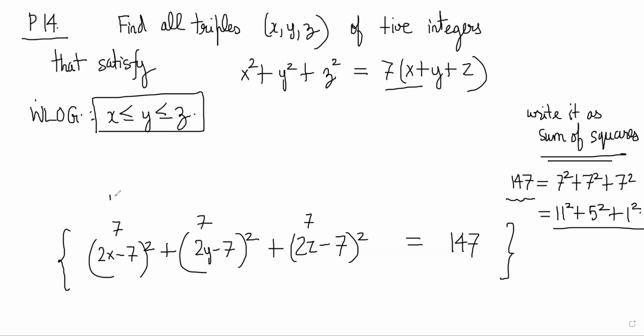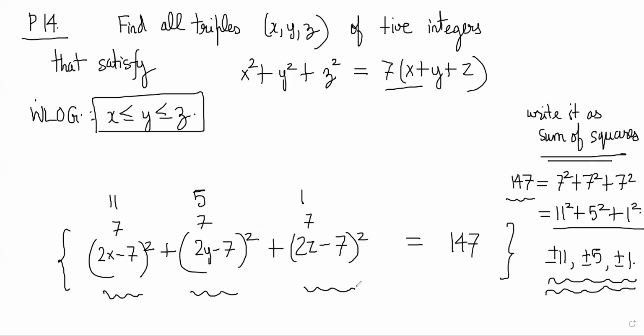But if you take the case 11, 5, 1, you will get some other solutions, right? You could also take plus or minus 5 and plus or minus 1, by the way. Do you understand that there are a lot of different ways in which you can solve this?